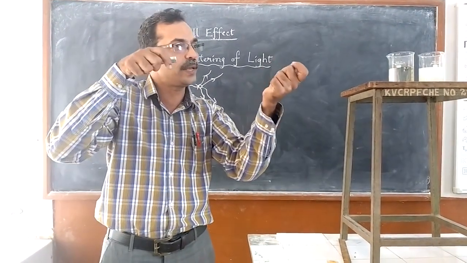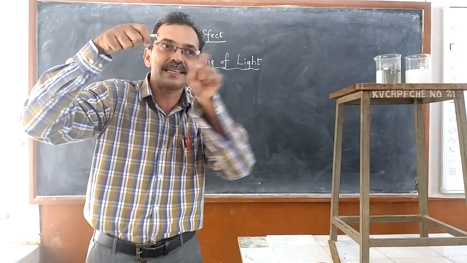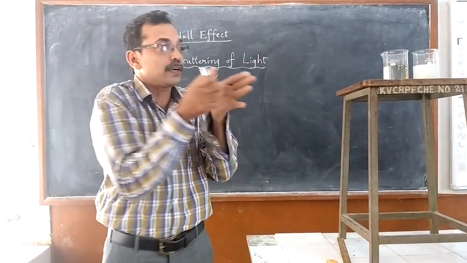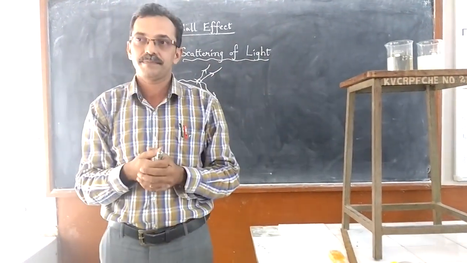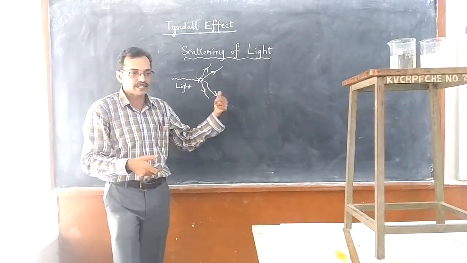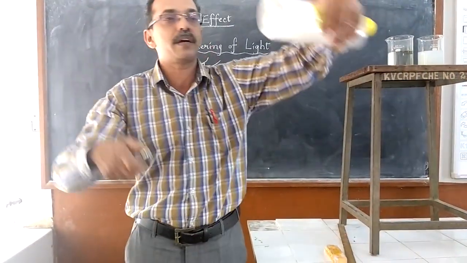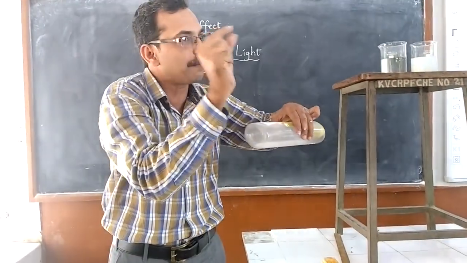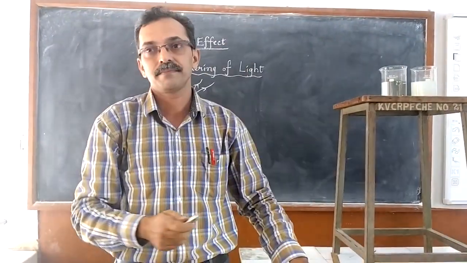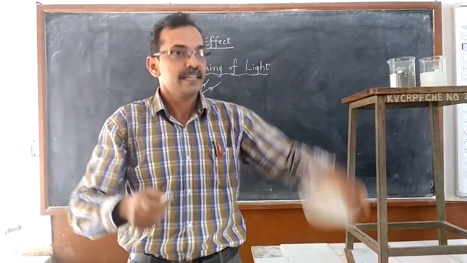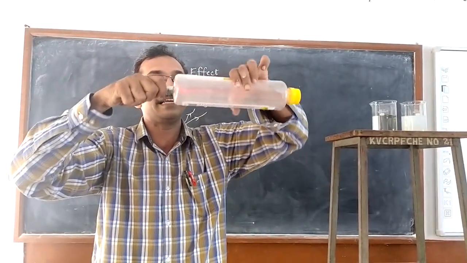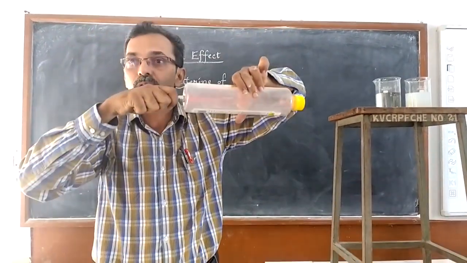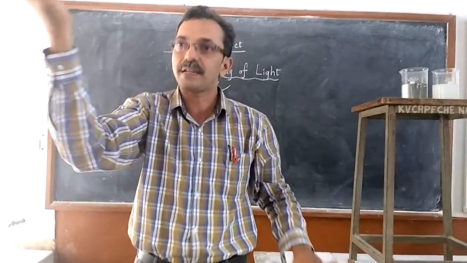Since the size is very small, though the light is interacting with it, it's not getting deviated from its path. But when I take the dust particles or the smoke captured in this, the size of the particle is increased. It is more compared to an ordinary air particle.